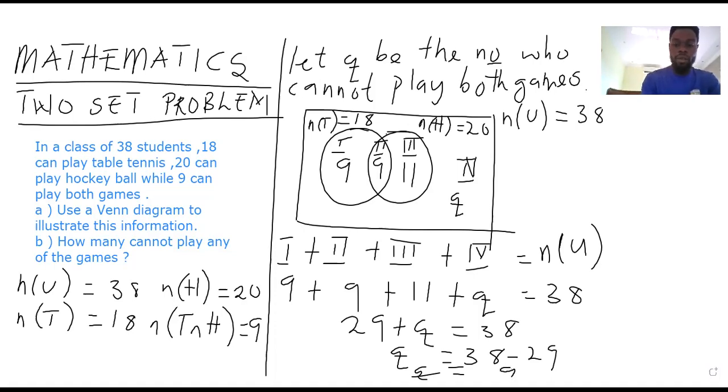That should be 9, right? Let me write it. So Q should give us 9, meaning that 9 students cannot play any of the 2 games.